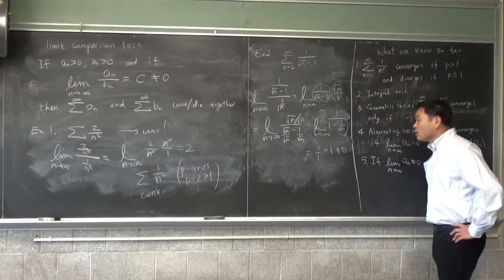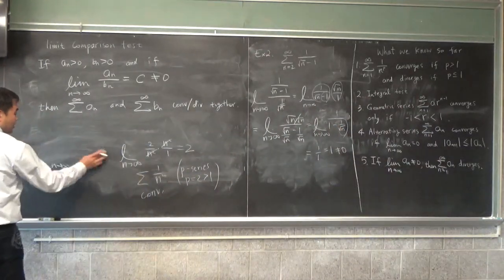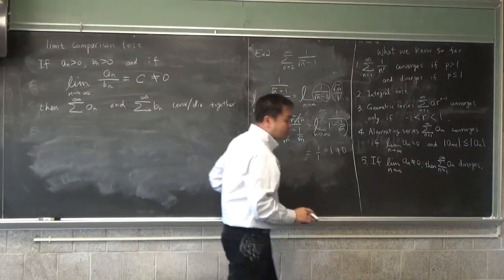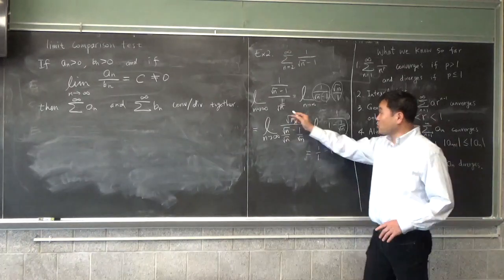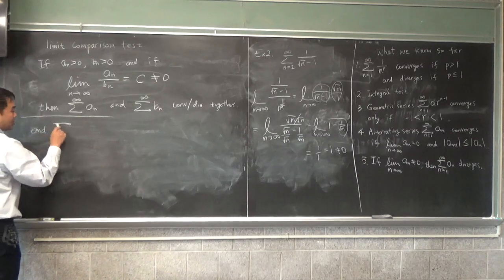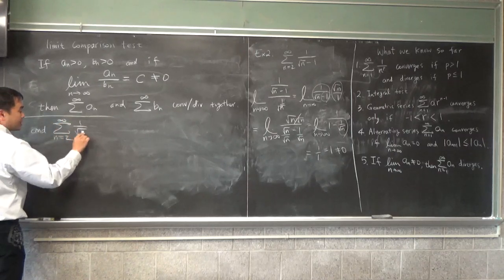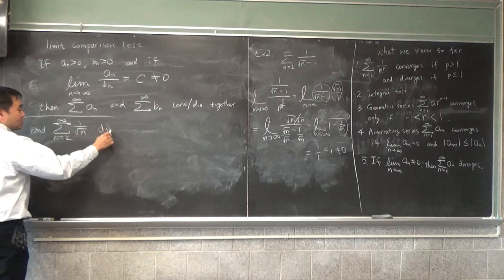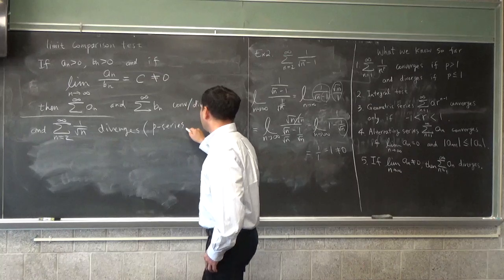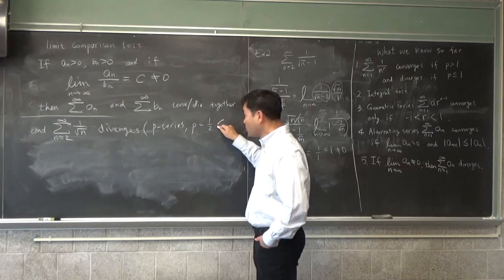Okay. All right, so if that's true, then what do we know? The convergence or divergence of this given series is determined by the convergence or divergence of this series. And the summation from n equals 1 to infinity of 1 over square root of n diverges, because it's a p-series with p equals 1/2, which is less than or equal to 1.